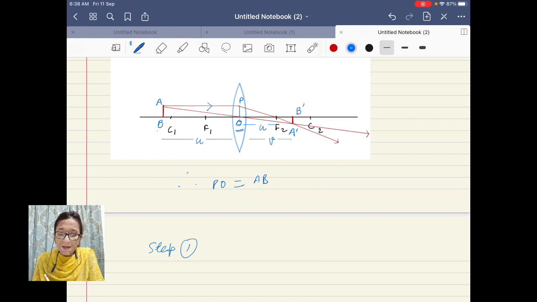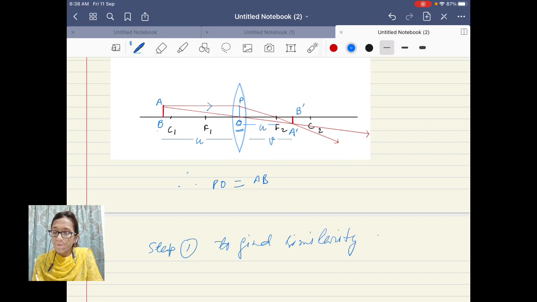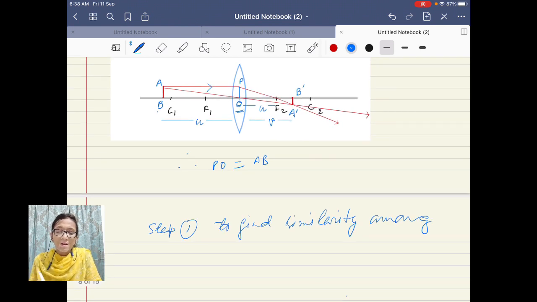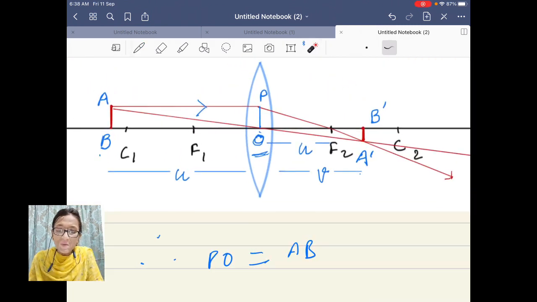is to find similarity among a pair of triangles. You have two triangles, you can see, that are similar.